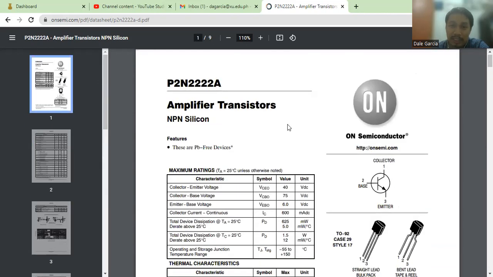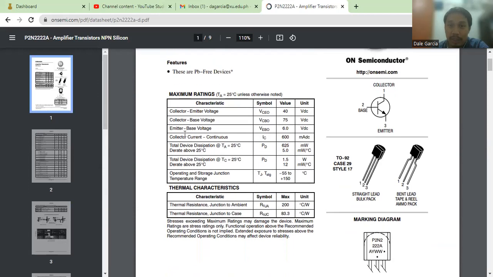The most basic is the front page, which gives the specs, which is this one. Maximum collector-emitter voltage is 40. Collector-base is 75, or negative 75 maybe because of reverse bias. Maximum emitter-base voltage, or VBE, is 6 volts.